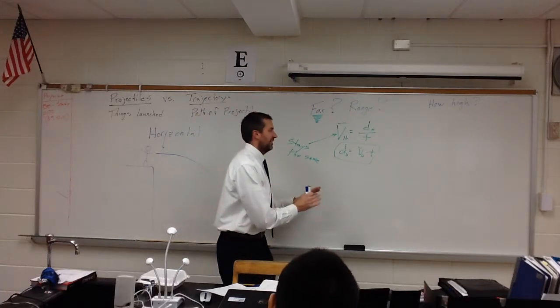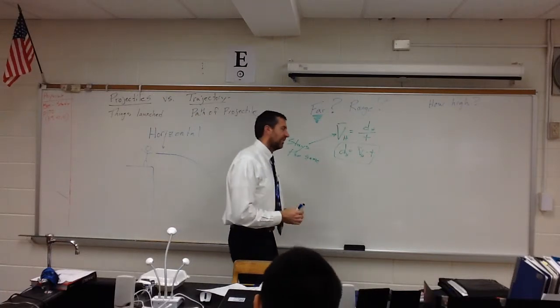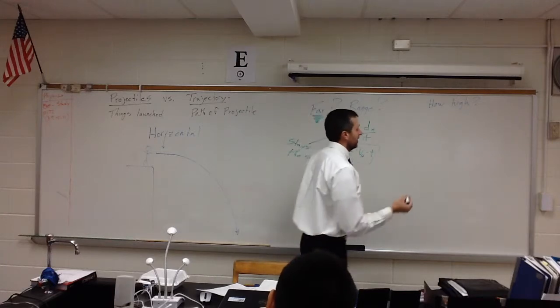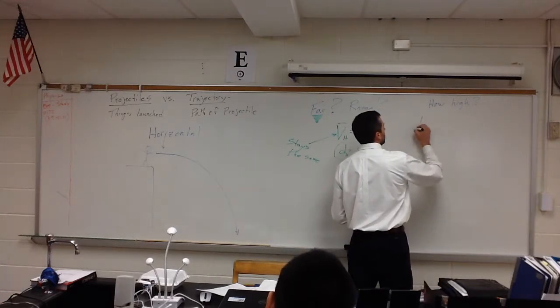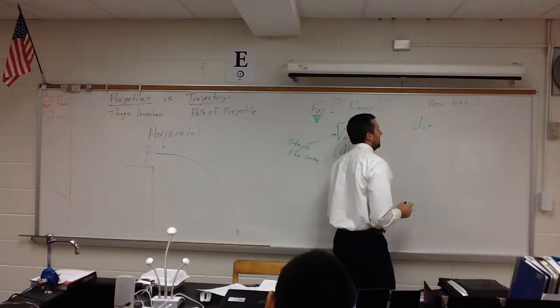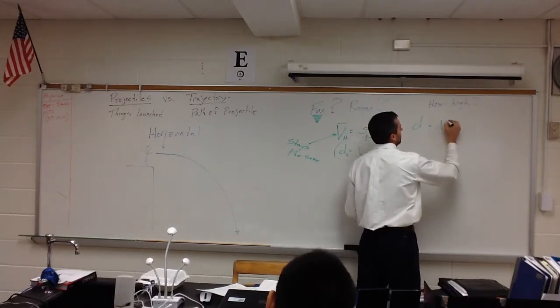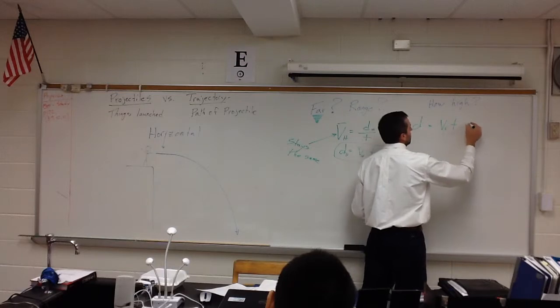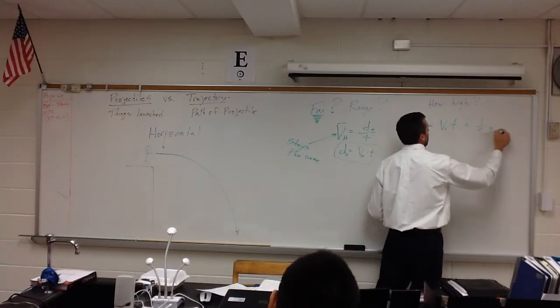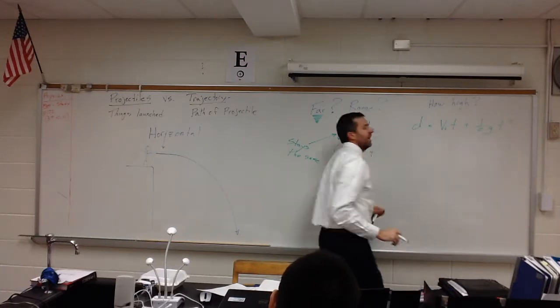So you can't use a basic equation like this. But what you can use is one that you're very familiar with at this point. The distance is equal to the initial velocity times the time plus 1/2 gravity times time squared. You remember that equation.